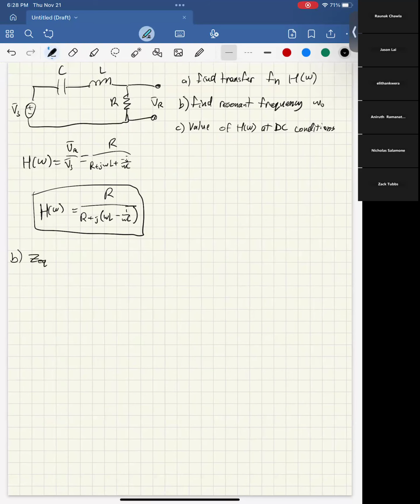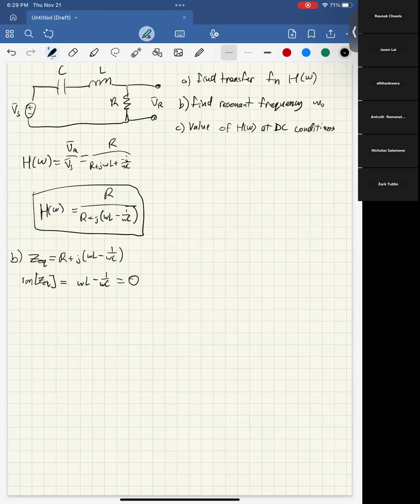Z equivalent equals R plus, and we actually already found it here, so I'll write it in that already simplified form: R plus j times omega L minus 1 over omega C. Then the imaginary part of Z equivalent is simply omega L minus 1 over omega C equals 0.